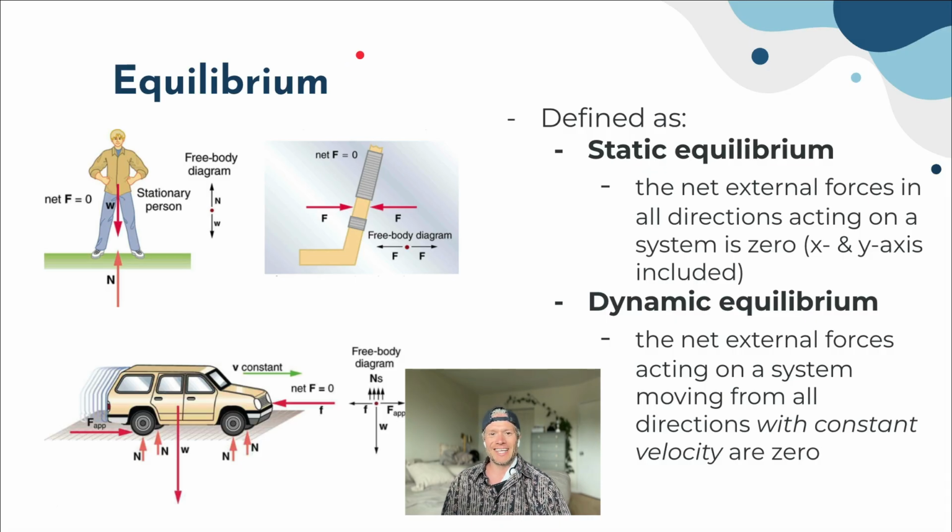Slightly different would be our dynamic equilibrium. We have something in motion, but all of our forces on our x and y axes, if you add up all the entire normal forces there, would equal zero. And therefore, even though the vehicle's in motion, we wouldn't see any changes in its motion. Remember, if we think back to Newton's laws, things in motion will stay in motion unless acted upon by an external force.